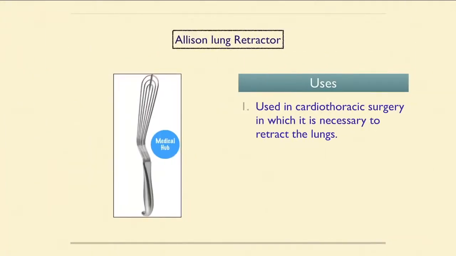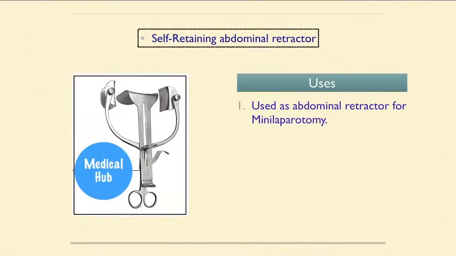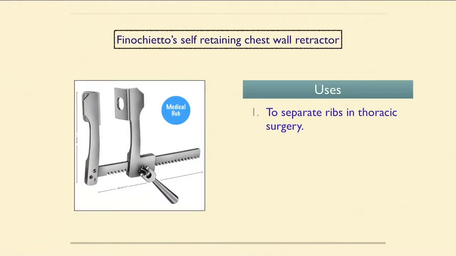Next is Allison lung retractor. It is used in cardiothoracic surgery in which it is necessary to retract the lungs. Self-retaining abdominal retractor. It is used as an abdominal retractor for mini laparotomy. Next is Finocchietto's self-retaining chest wall retractor.